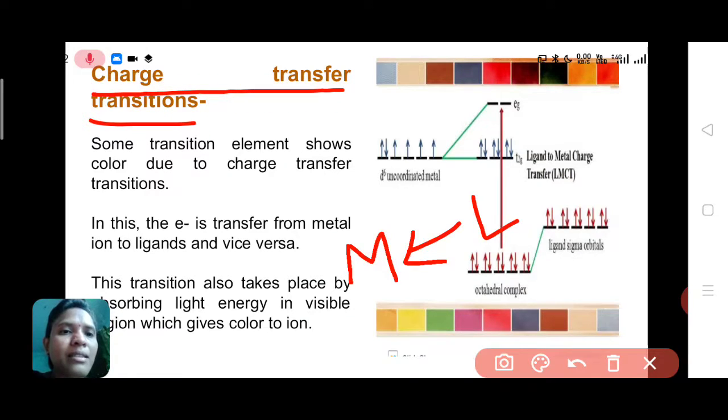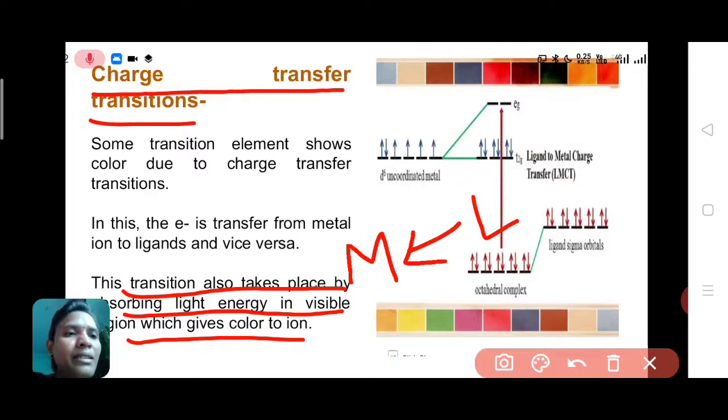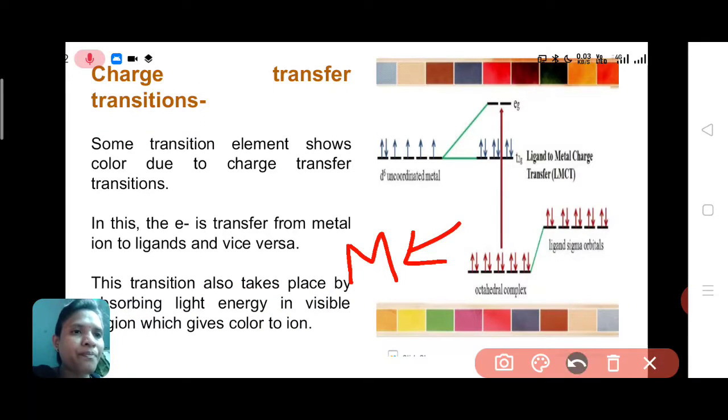This transition also takes place by absorbing light energy in the visible region, which gives color to the ion. That's why a particular complex compound appears in the form of color.